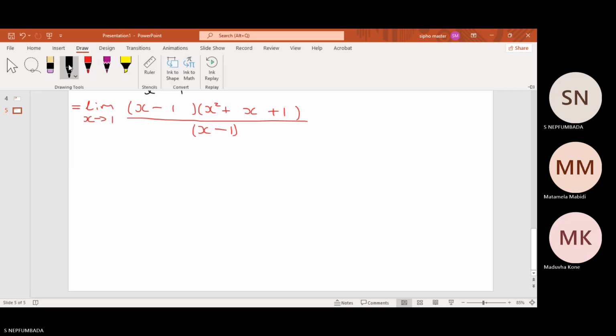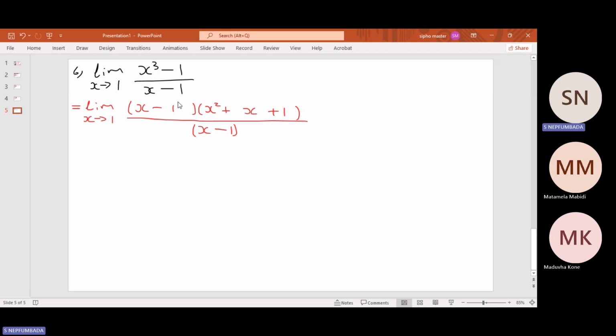Then we cancel those 2. This is the limit of x approaching 1 of x squared plus x plus 1. This is equal to 1 to the power 2 plus 1 plus 1, which is equal to 3.